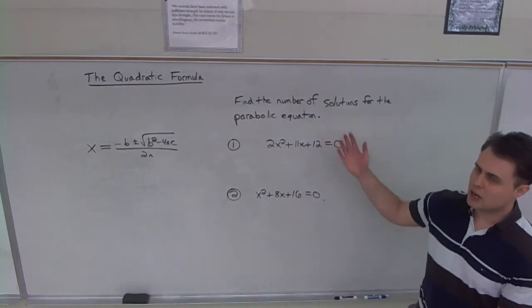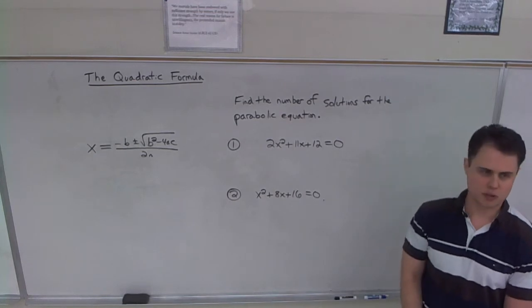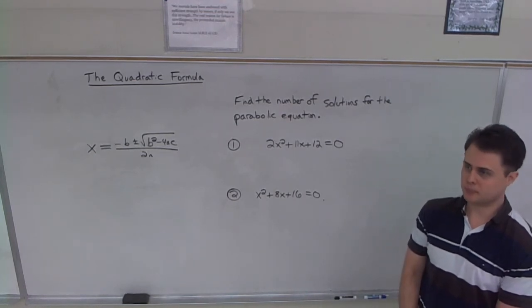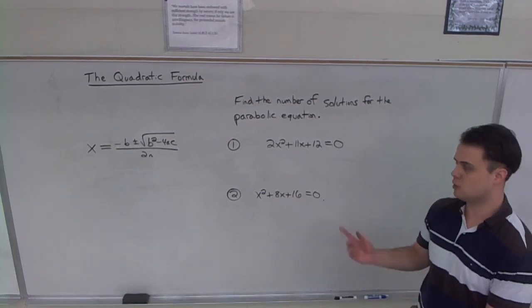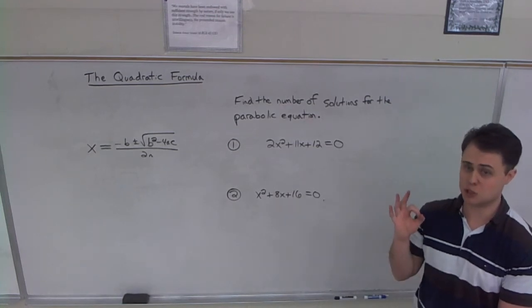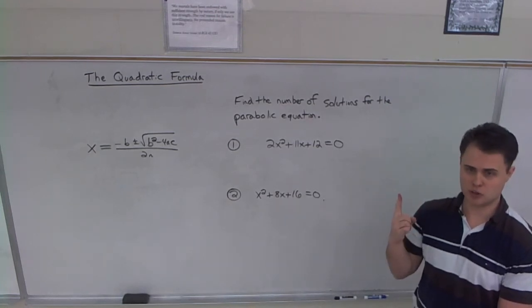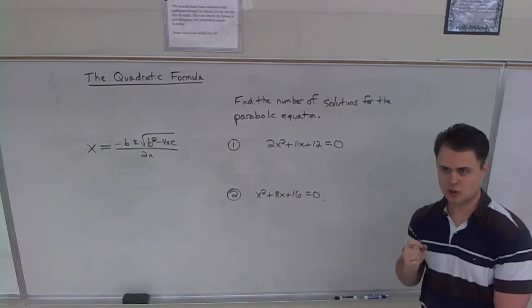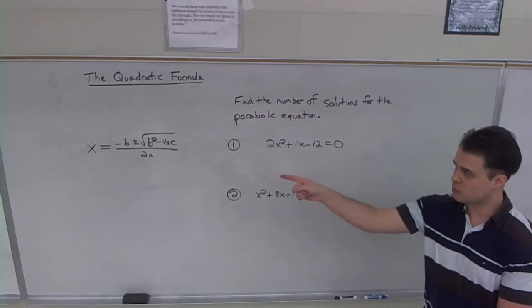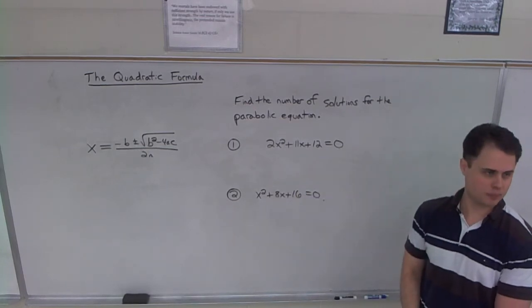So, for instance, if it asks you to find the number of solutions for a parabola, a quadratic equation, how can you do that without actually finding them? Is there a shortcut? Yes, I can look at these and immediately tell you how many answers they're going to have. Are they going to have no answers, imaginary? Are they going to have one answer, the parabola just touching the axis? Or is it going to be like most of the time where the parabola goes through twice? Something in that formula tells you that, and you don't have to do the whole thing.